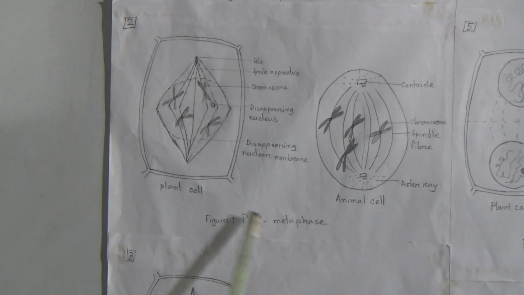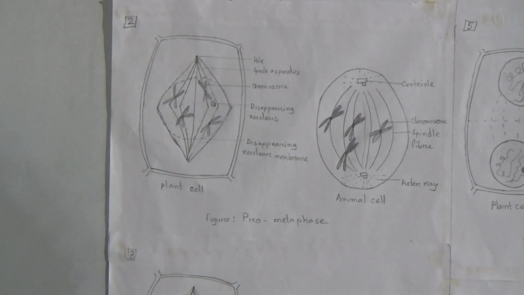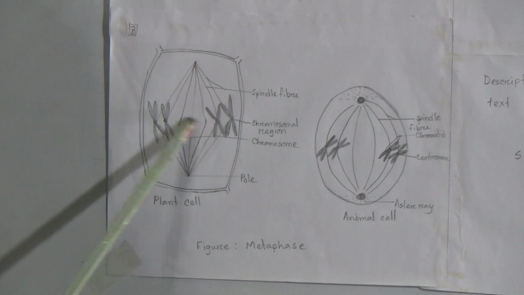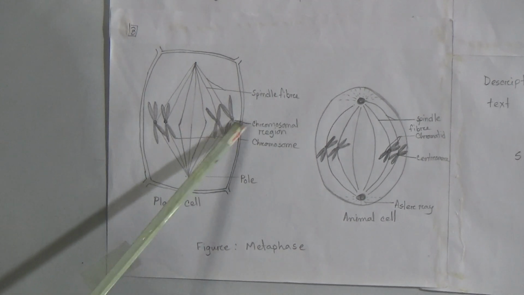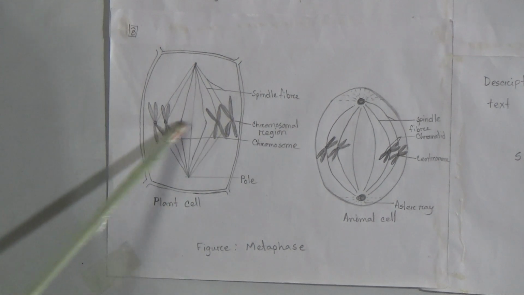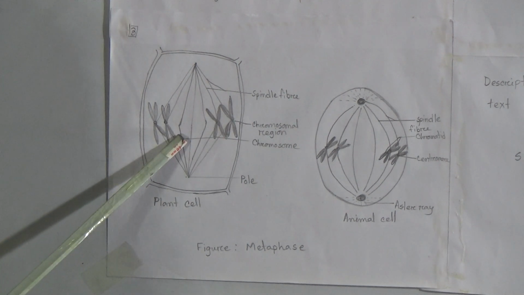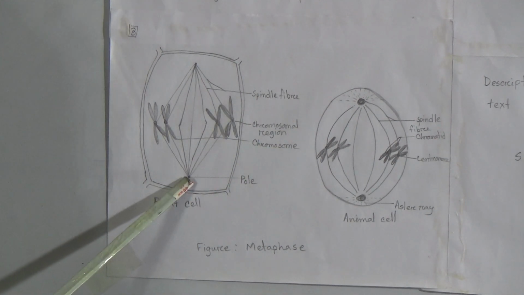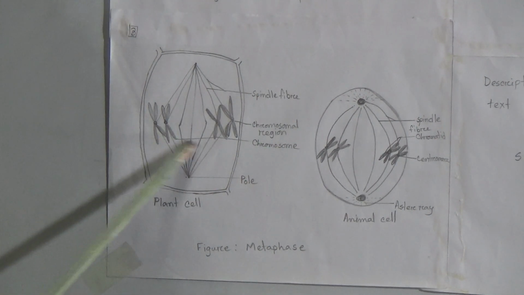And come to the next step, the metaphase. Here all the chromosomes stay in the equatorial region, which is said in your book as the chromosomal region. This is the equatorial region, the middle of the cell, and this is the spindle fiber, this portion is the pole, and these are the chromosomes.